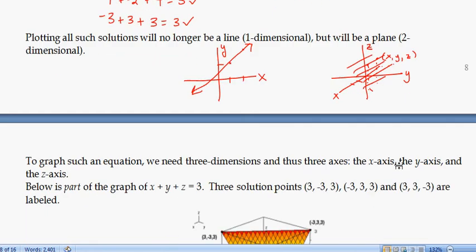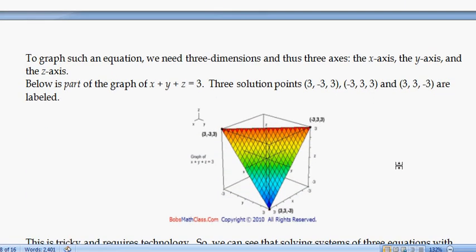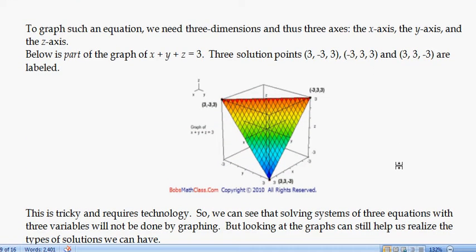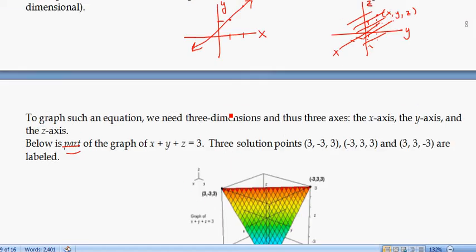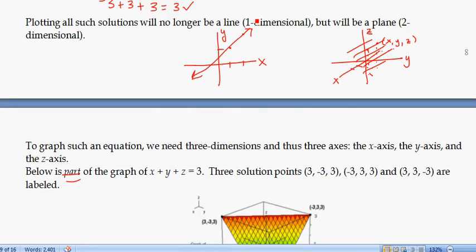Okay, and that sketch is not so good, but let's move over and look at a computer version of a graph. Below is just part of the graph, and we say part because, of course, a plane would extend in all directions, right? A plane is just like a line. Let's go back up here. We don't really draw all of the line. We put these little arrows on the end to say it would keep extending in both directions.